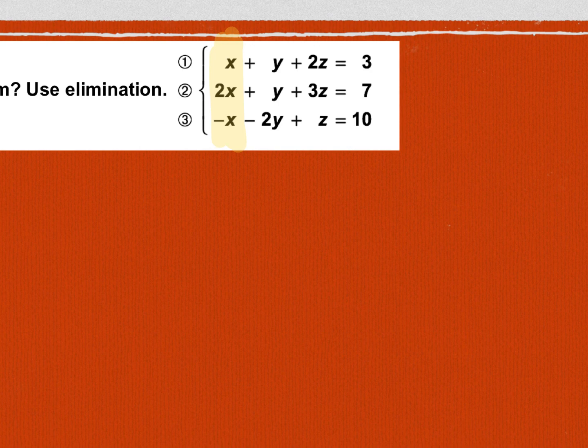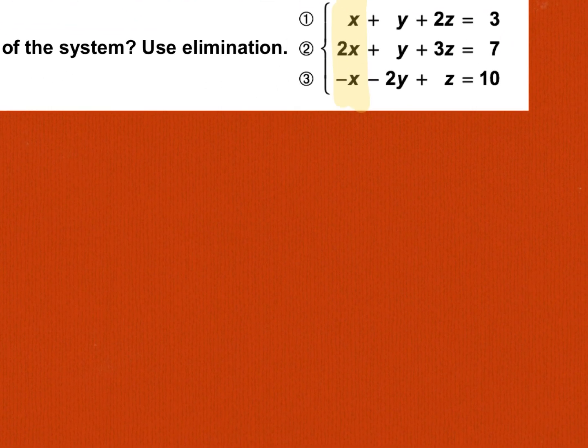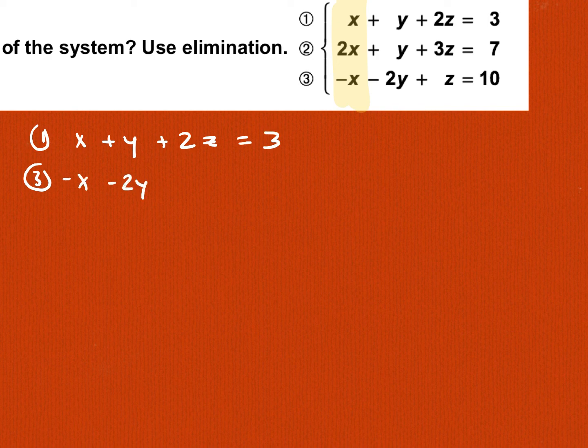Now, which equations do I want to start with? The first and the third. I can see if I combine the first and the third, my x's are going to cancel, which is perfect. So x plus y plus 2z is equal to 3, negative x minus 2y plus z is equal to 10.